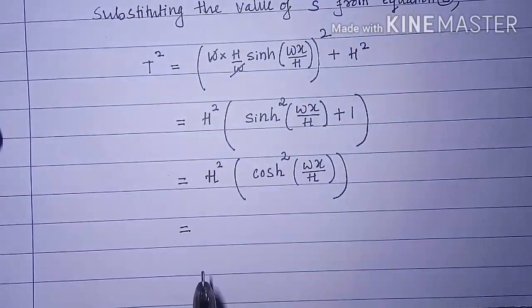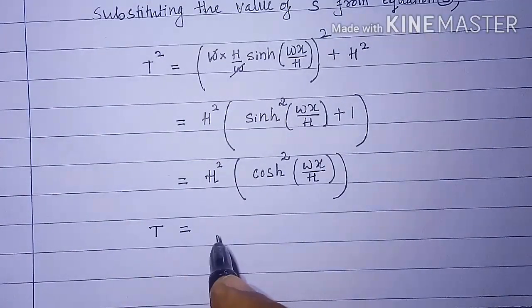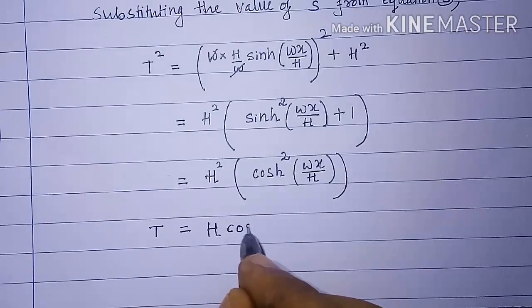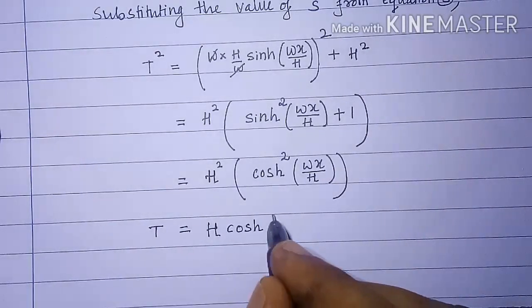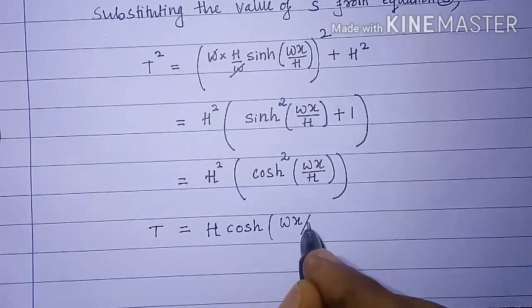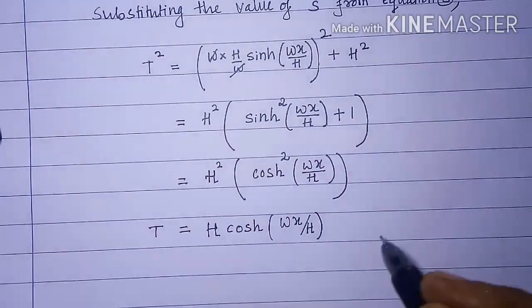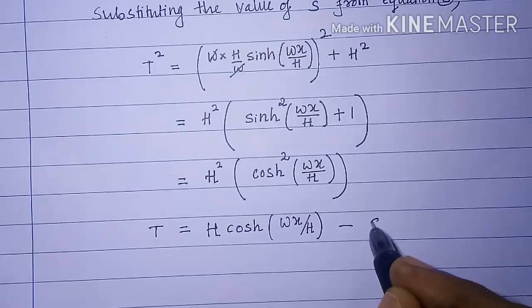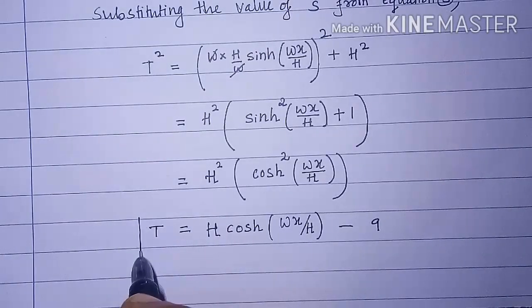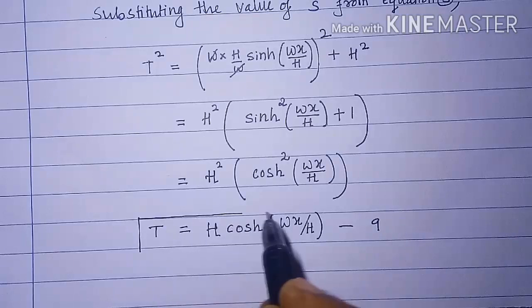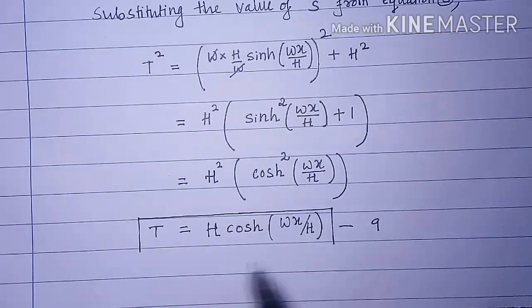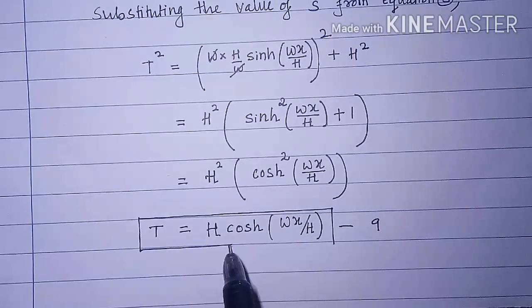Now taking square root on both sides, we get T equal to capital H cos h of wx by h. Let us call this equation number 9. So equation 9 gives us the tension acting at point P.